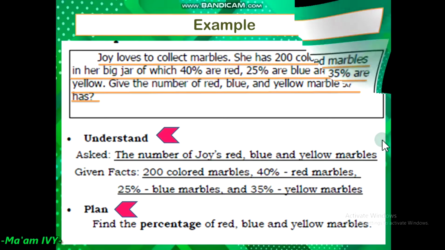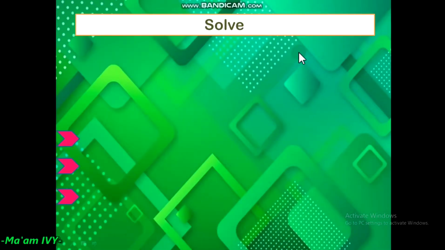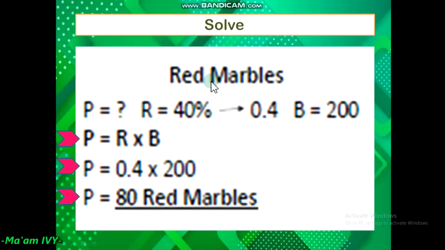So let's solve. First, we are going to solve for the red marbles. From the problem, the rate of red marbles is 40%. So we first express 40% as a decimal, so we have 0.4.